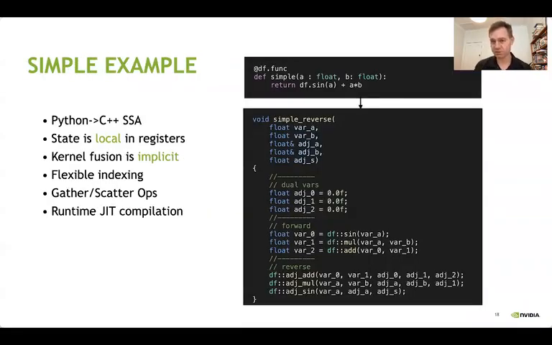So if we take that simple expression that I described earlier, sine A plus A times B, this is what a program transformation approach to autodiff would generate, for example. The simple reverse kernel at the bottom is what you would have generated by a source code transformation autodiff tool.